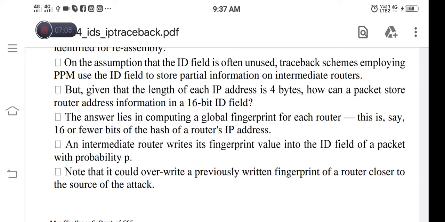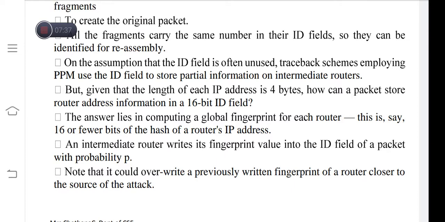This is the point to remember here, because a packet will be moving through so many routers. Whether all the routers are going to overwrite the packets with the fingerprint, or only a few routers are going to overwrite the packet. The answer is that a router is going to overwrite the previously written fingerprint of a router which is closer to the source of the attack.